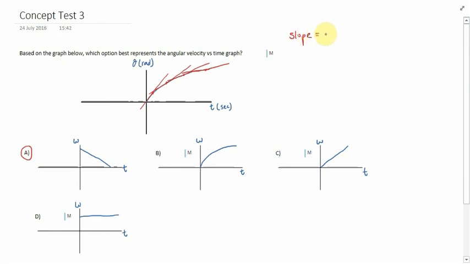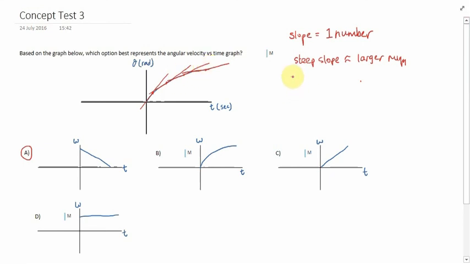In this initial position over here, it is quite a steep slope, which kind of equates to a larger number, whereas a slightly less steep slope equals a smaller number, right?